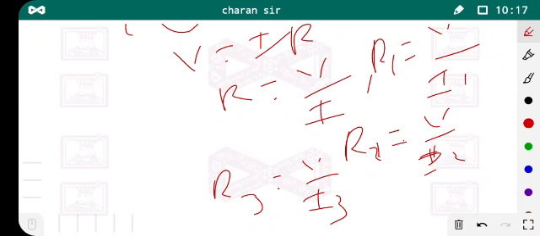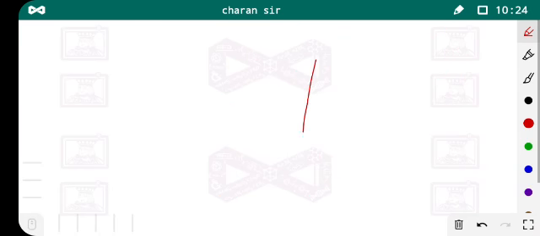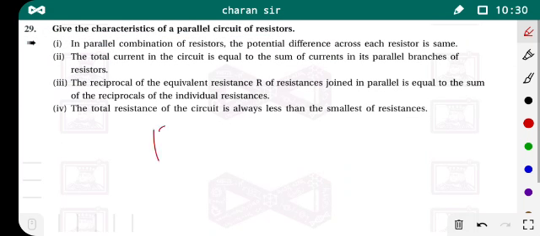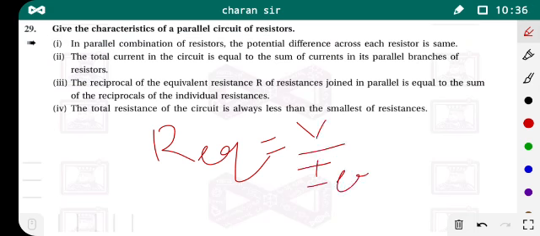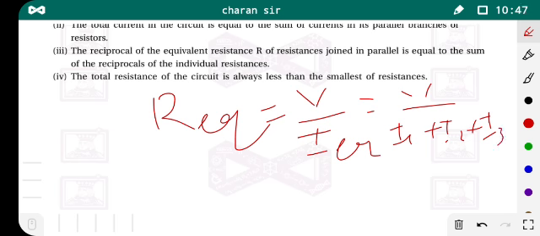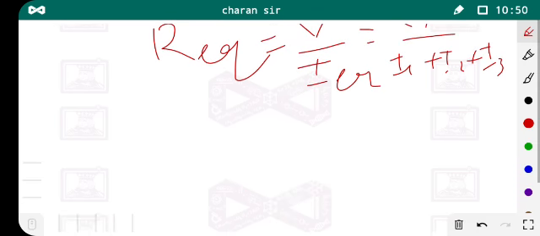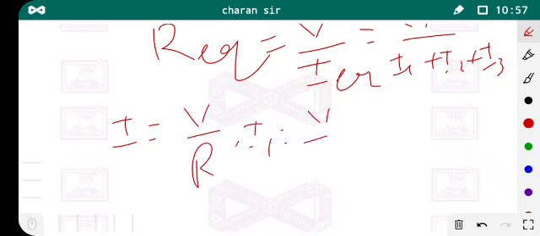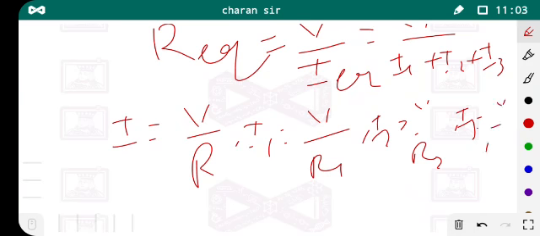Now put the values of I1, I2 and I3. R equivalent is equal to V by I. Now the equivalent current is I1 plus I2 plus I3, but by Ohm's law I is equal to V by R. So I1 is equal to V by R1, I2 is equal to V by R2 and I3 is equal to V by R3.